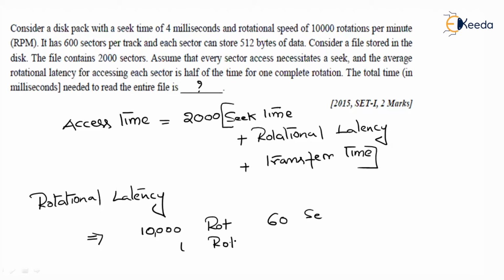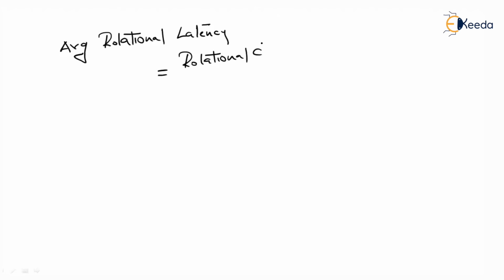One rotation will take how much? So this will be equal to 6 milliseconds. Then average rotational latency is equal to the actual rotational delay by 2, which is 6 by 2, that is equal to 3 milliseconds.